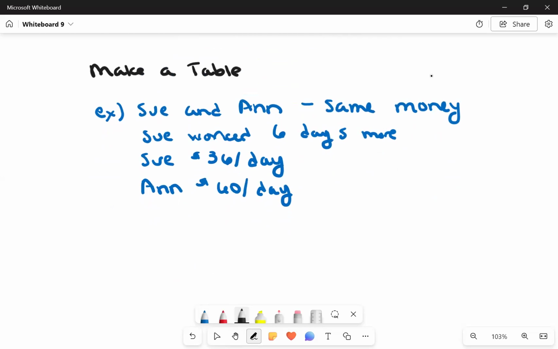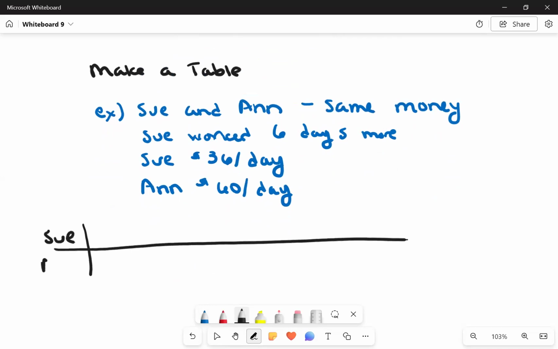Okay, so we're going to make a table, literally going to write down values, and I'm going to probably have to write bigger than what I have here. We'll start with Sue and Anne, and we'll go from here. Day one, Sue makes 36 and Anne makes 60. So get your calculators. We're going to do all this math here. It's going to be fun.